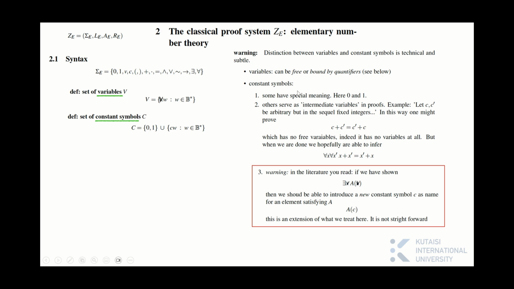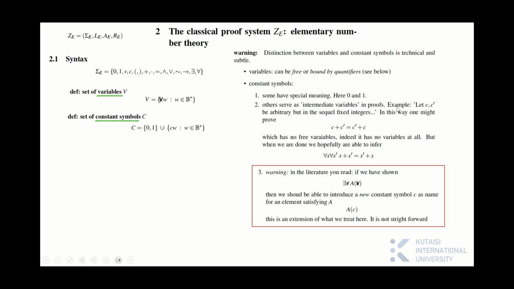And what are constants now? They serve as intermediate variables in proofs. You might be able to construct some mathematics without them; I think Bourbaki do that, so there is no difference between constants and variables, but let's actually make them.